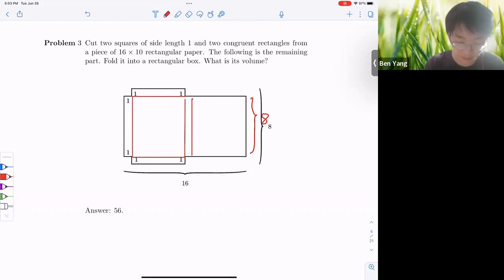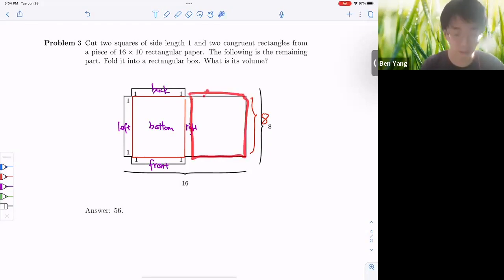So the part in the middle is like the bottom of the box. It's bottom. And then we have the left, we have right, that's back and front. So this big part should be the top of the box. This is top.